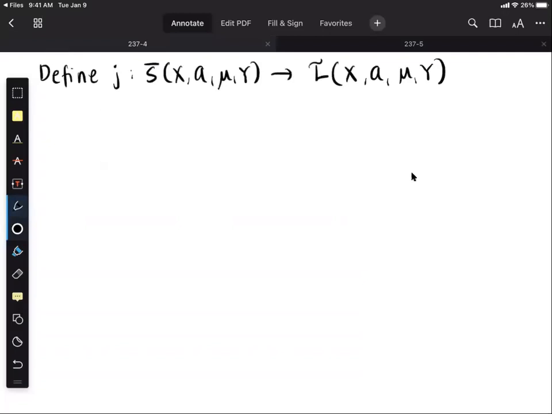J of a typical element of this completion, which we have simplified in this way, is equal to F. Technically, this should be an equivalence class, but again, as we said, we denote the equivalence class by a representative, treating two functions as equal if and only if they are equal almost everywhere.